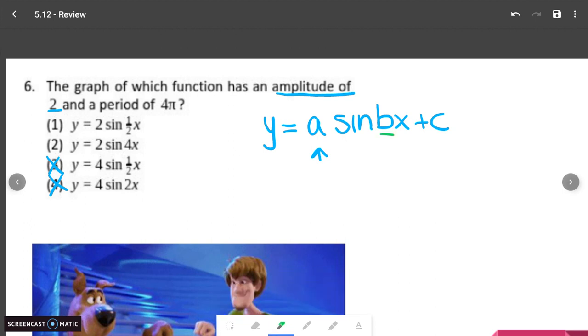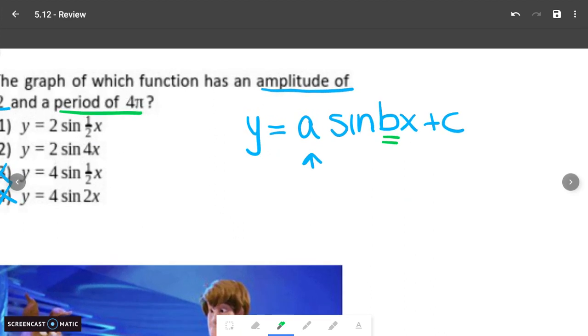Now, B is our frequency. So 4 pi isn't just what goes on here. Remember, the period is 2 pi divided by B is the equation to find that. So in this case, they're telling us that 4 pi is my period.